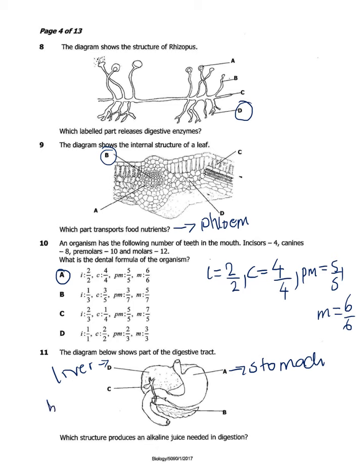Our C is the gallbladder. Gallbladder stores the bile salt produced by the liver. Then our B is the pancreas. So the pancreas produces the pancreatic juice that consists of the enzymes that complete the digestion in the small intestine. So the answer here is B.